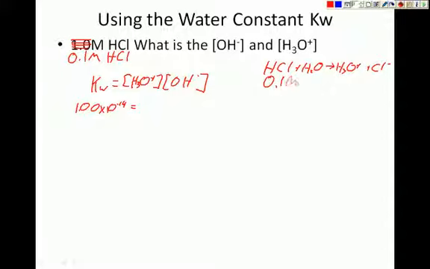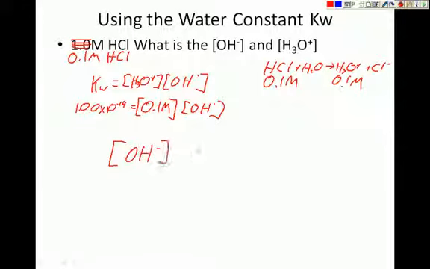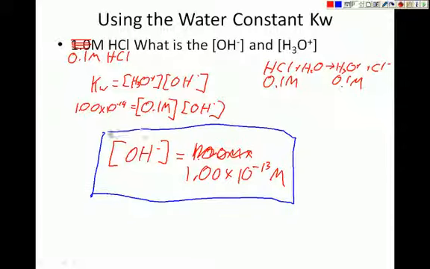So this is 0.1 molar, and this is going to be 0.1 molar, and OH-. Okay, so solve for OH-, and we see that OH- equals 1.00 times 10 to the minus 13 molar.